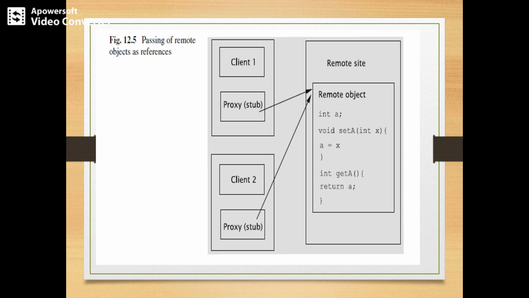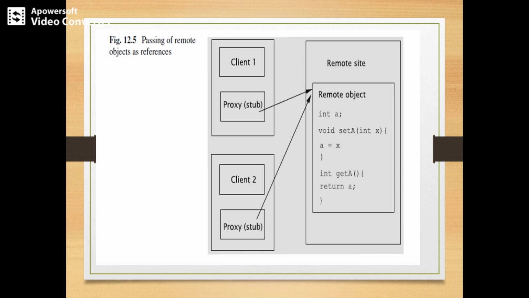This scheme has the consequence that any changes made to the state of the object by remote method invocation, that is RMI, are reflected in the original remote object. So if the second client now invokes the method getA, the updated value 5 is returned to it.